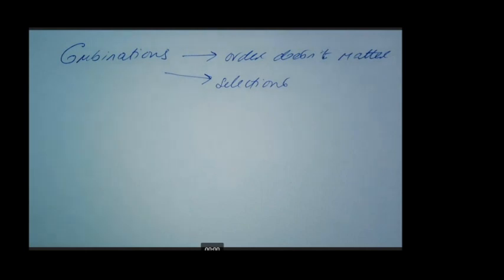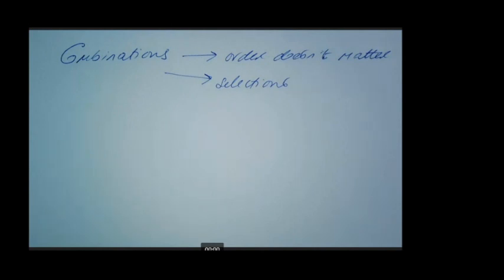And so the best way to understand this is think about selecting a number of people for a team. And you want to find out all the different ways of selecting 5 people from 20 people. You want a team of 5 people and you've got 20 people to choose from.